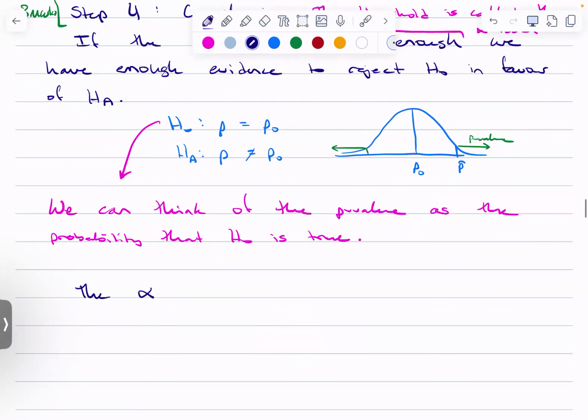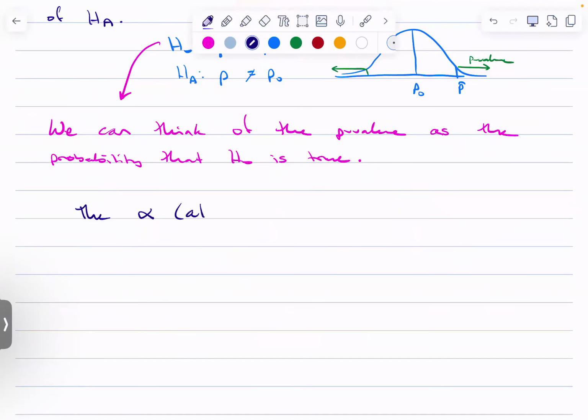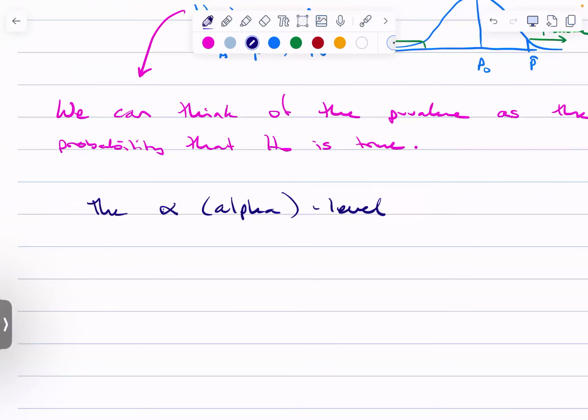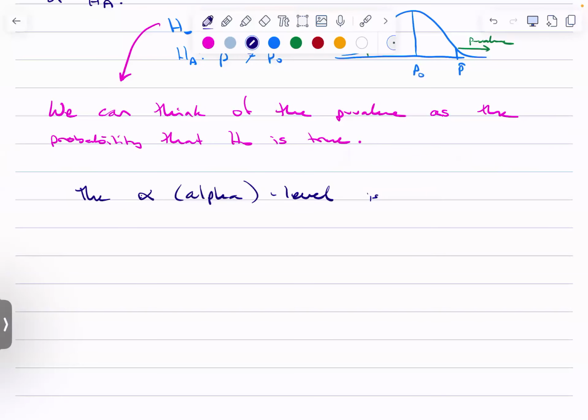So the alpha level, this is a Greek letter alpha. It is a fish. The alpha level is called the significance level.